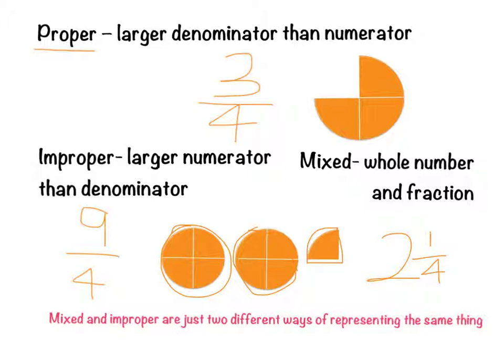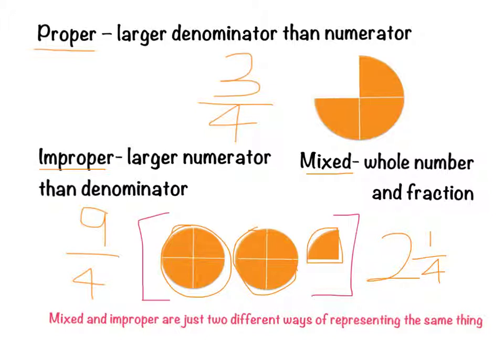You might notice something. When I was giving you a definition of an improper fraction and a mixed numeral, I used the same picture and the same example. Why did I do that? Because mixed numerals and improper fractions are just 2 different ways of representing exactly the same thing.